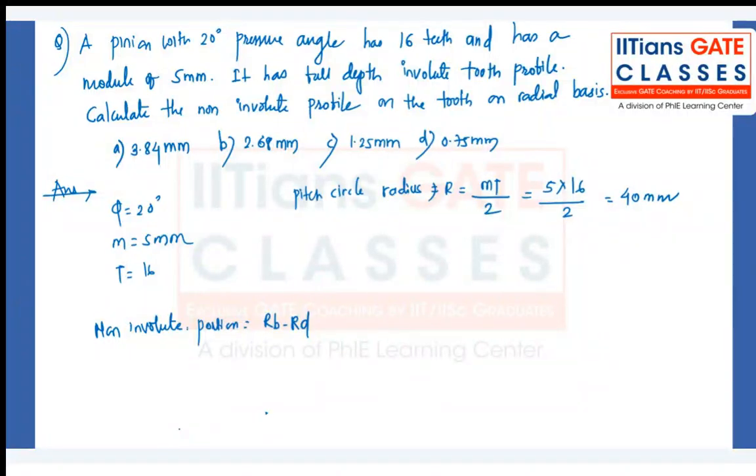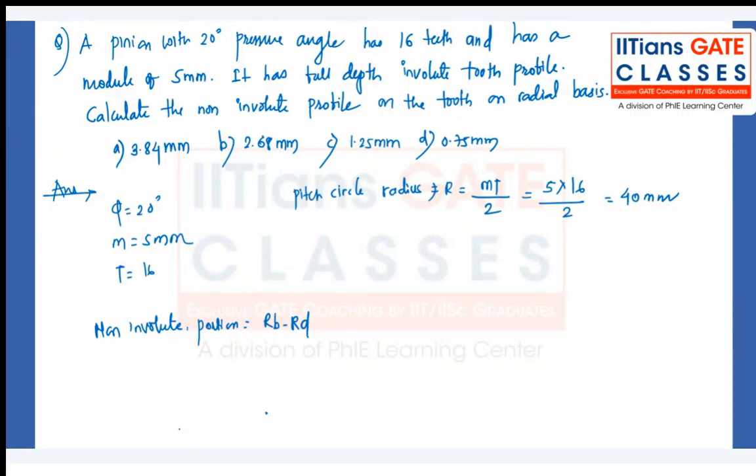The difference between the RB and RD is your non-involute profile. Sometimes they will ask you the difference or comparison between RB and RD. We have solved one question, and here it is another way to solve it. The wording is different, but ultimately they are asking you the same question.